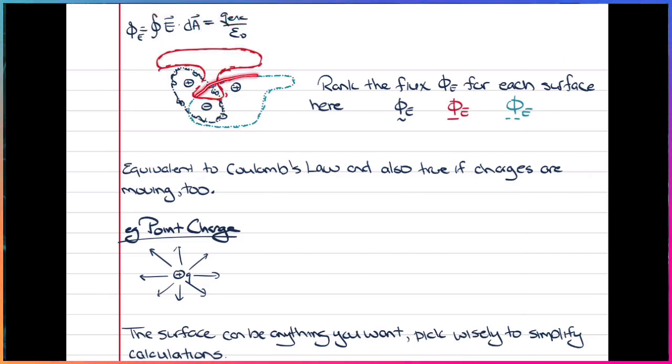The blue does have charge inside of it, but the net charge inside of it is 0, so then the flux is 0. Same for this one. So in this case, all the fluxes are the same, and particularly, they're all 0.